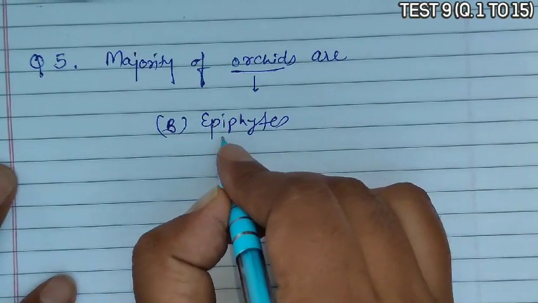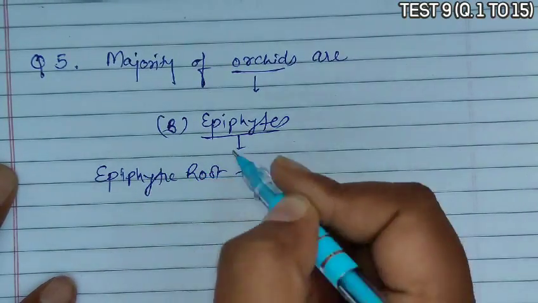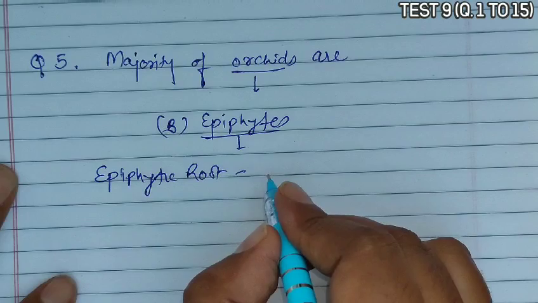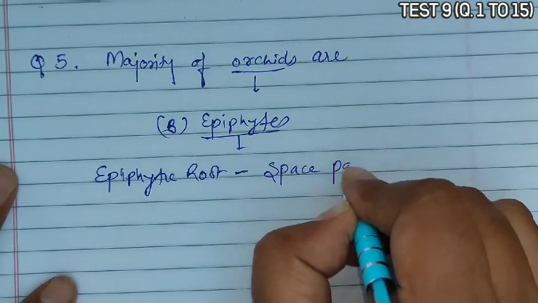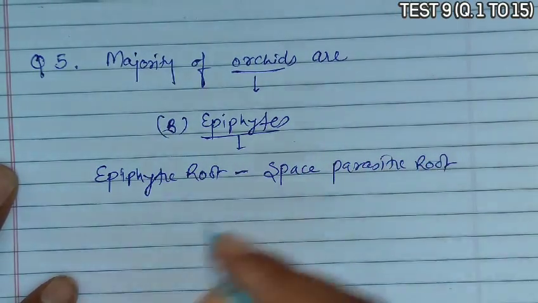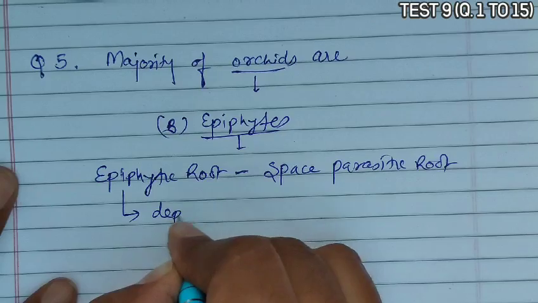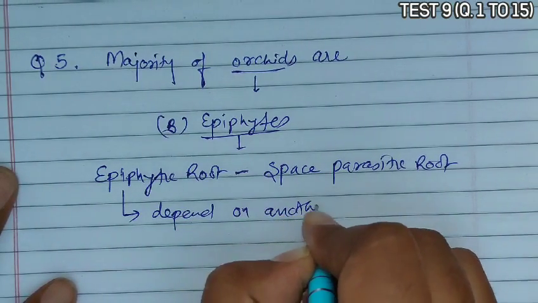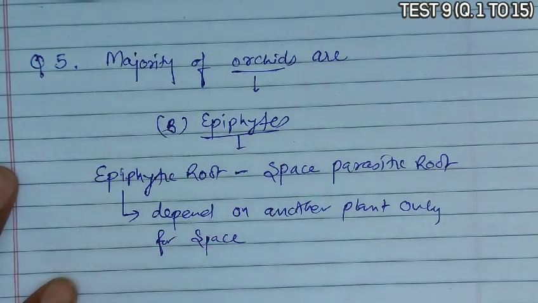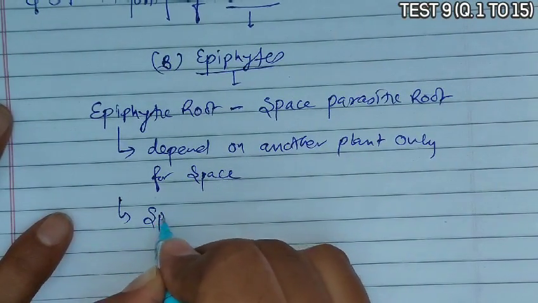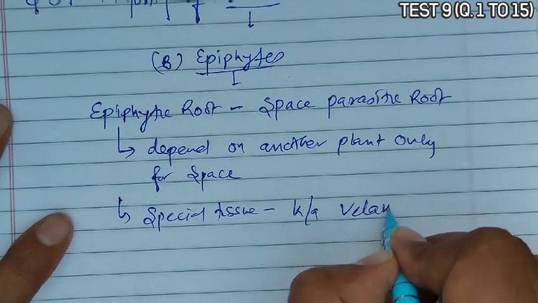Epiphytes have epiphytic roots, and these epiphytic roots are known as space parasitic roots. Now these epiphytic plants depend on another plant only for space, and they have a special tissue in the root known as velamen tissue.